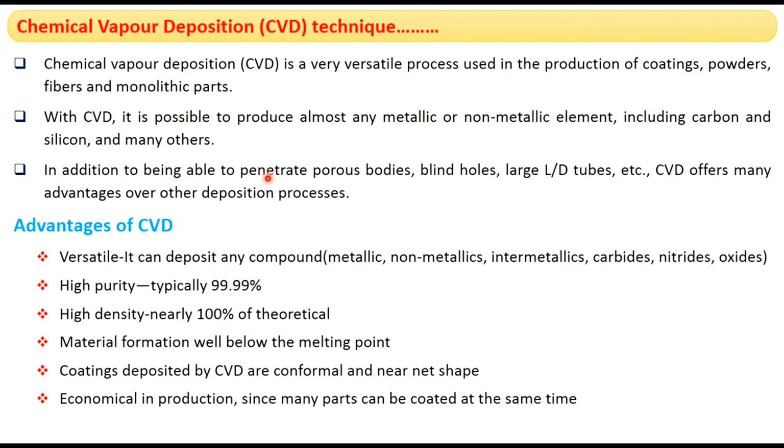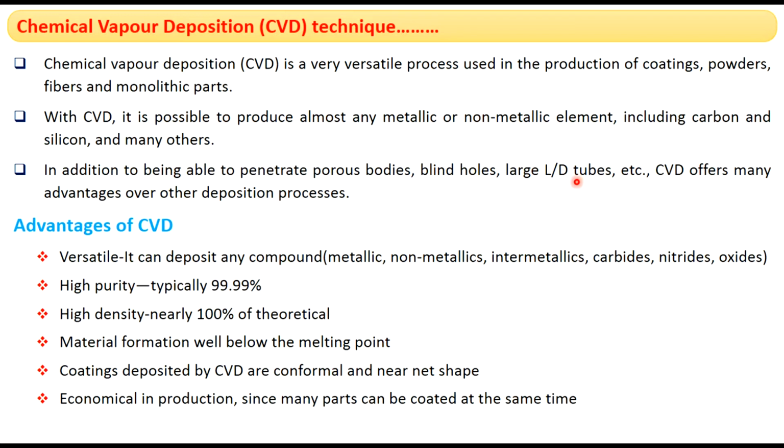In addition to this, using this technique, the deposit can penetrate through porous bodies, through blind holes, large low density plastic tubes, etc. CVD offers many advantages over other deposition techniques.